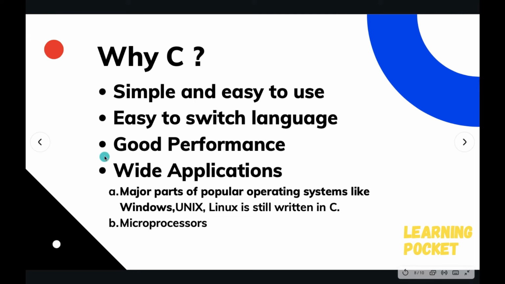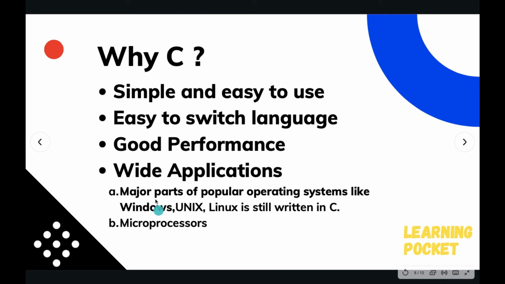One more point, it has good performance. It is a very efficient programming language. It is very quick and fast responding, and it has wide application. Major parts of popular operating systems like Windows, Unix, Linux are still written in C. So you can say that it is a very important language even today.